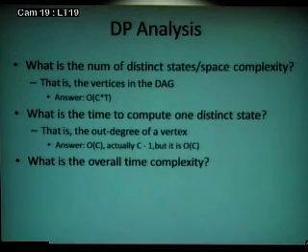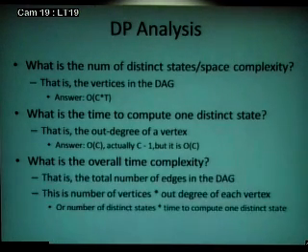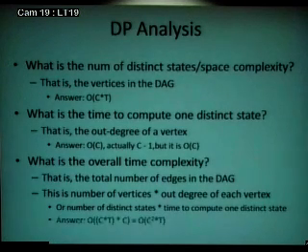Or in other words, the total number of edges in the DAG is how many vertices you have in your DAG and how many outgoing edges there are for every vertex. So if this vertex has c edges, this vertex has c edges, and there are c times t such vertices, the overall time complexity will be c times t times c, or c squared times t. This is the time complexity of the dynamic programming algorithm.